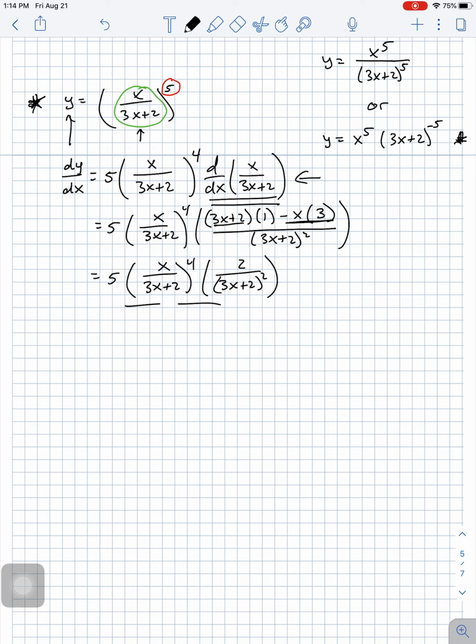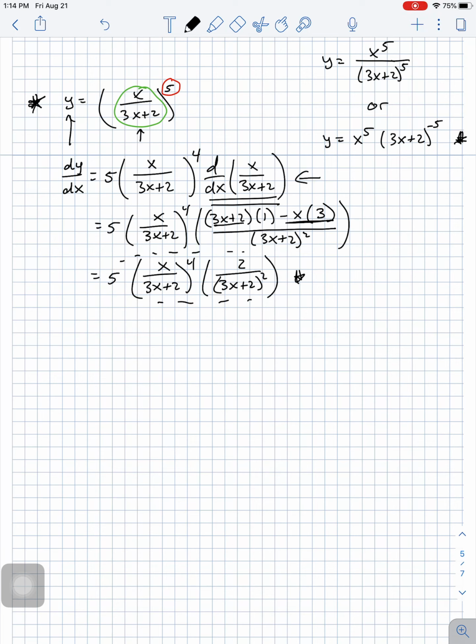Because it's all multiplication, you don't need a common denominator. But this is fine for me. My rule of thumb is if something might cancel, it's worth simplifying. But I can see that all that's going to happen is these numerators are going to jam together, these are going to jam together, but nothing's going to cancel. So this is a fine way to end.